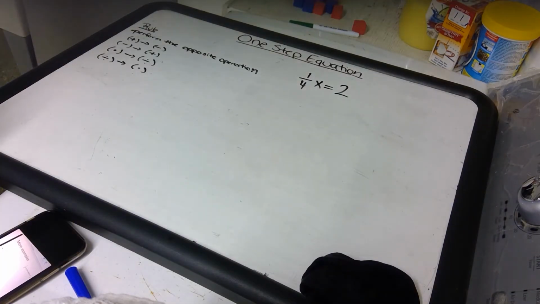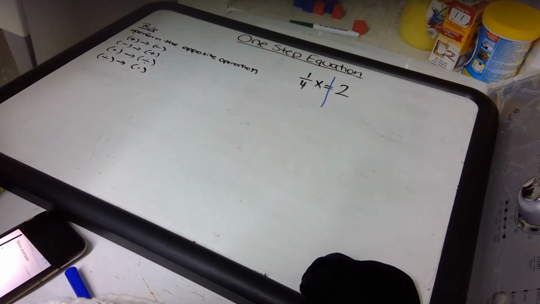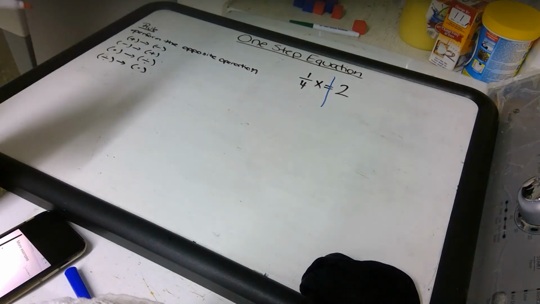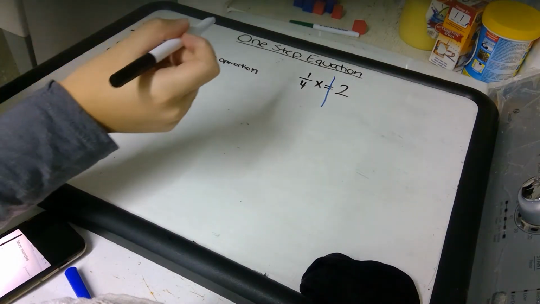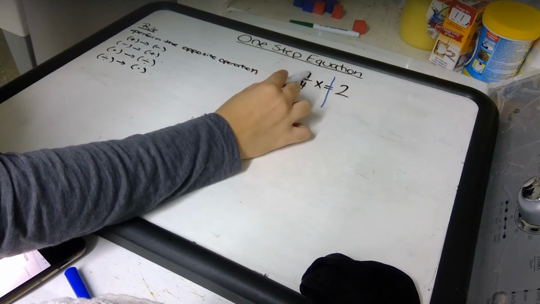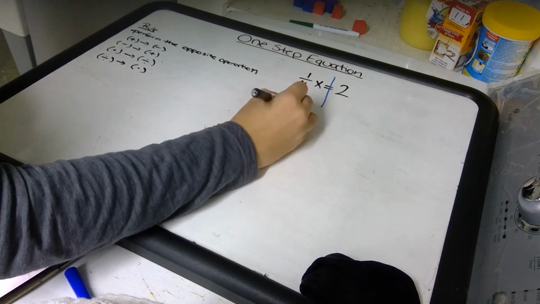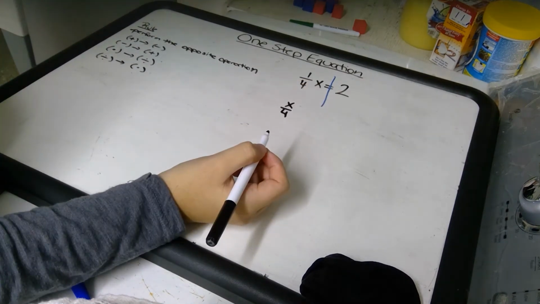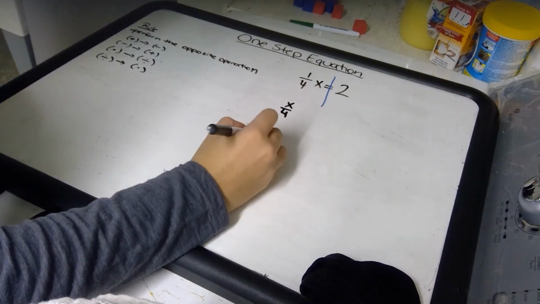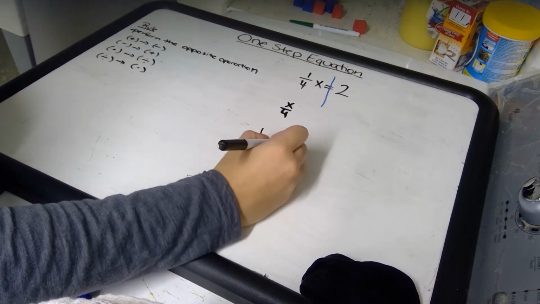I want to look at more examples. Now in this case, right, separate the sides. Now here, whenever we have 1 over 4 x, it's the same thing as saying x over 4. Why? Because we have 1 over 4 times x. To turn this x into a fraction, we have to divide.